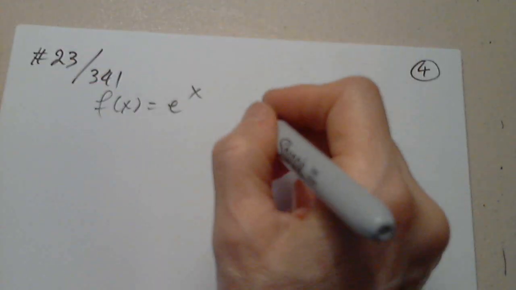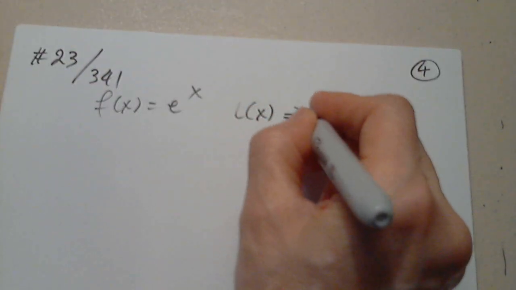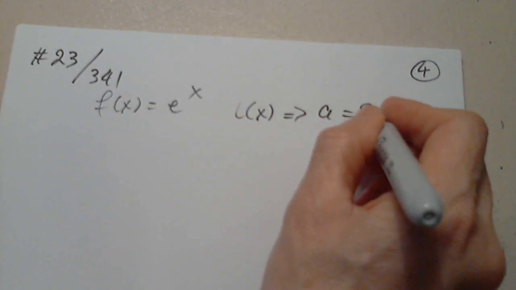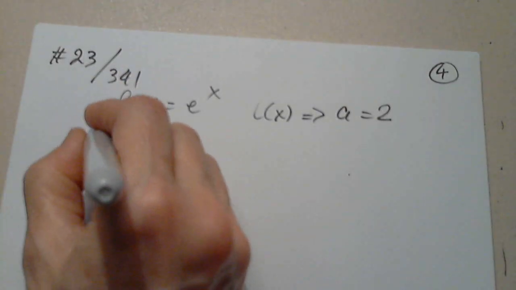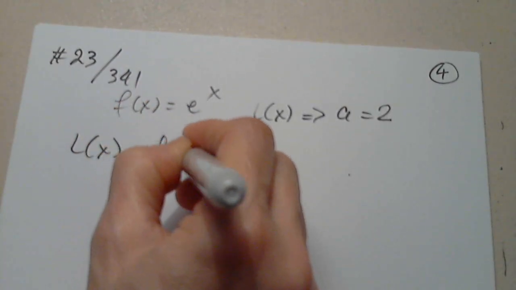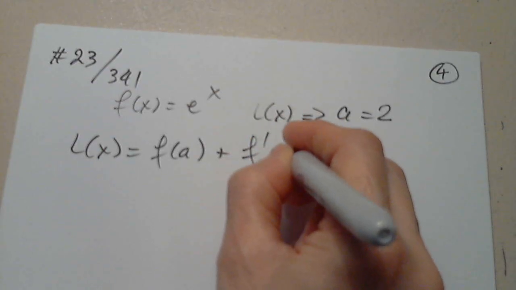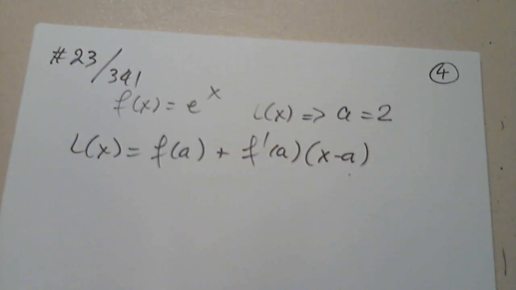Okay, so let's look at 23 on 341. We have f of x equals e to the x, and they're asking us to find L of x when a is 2. There is just a simple formula, f of a plus f prime of a, x minus a.